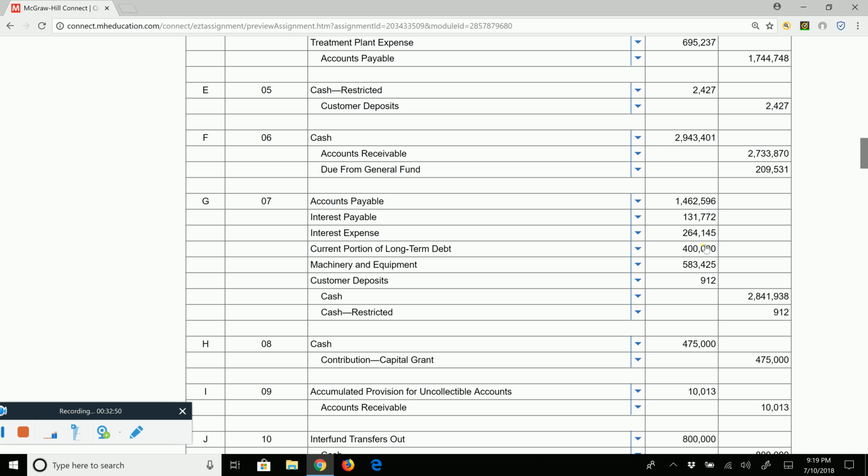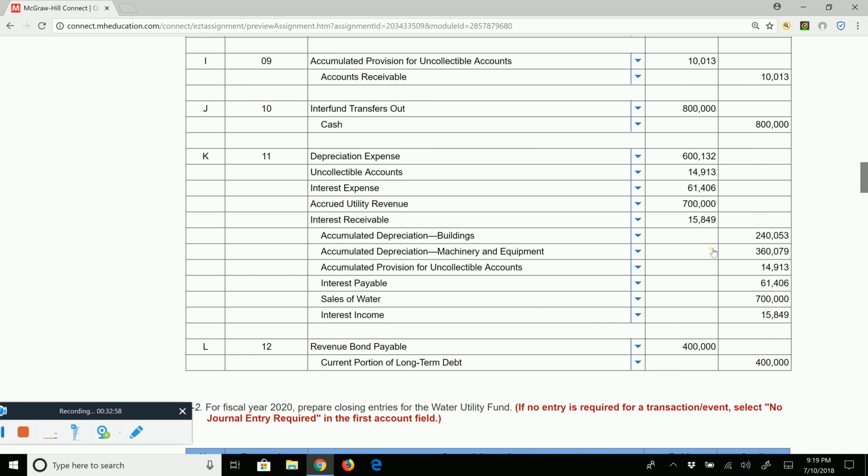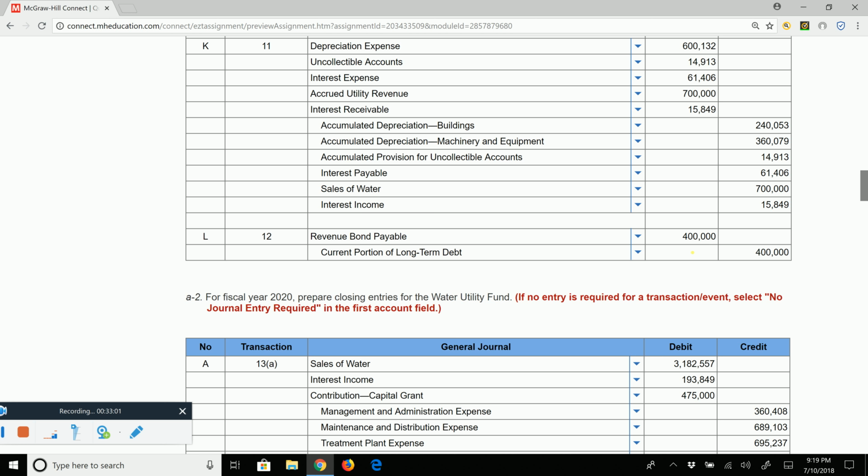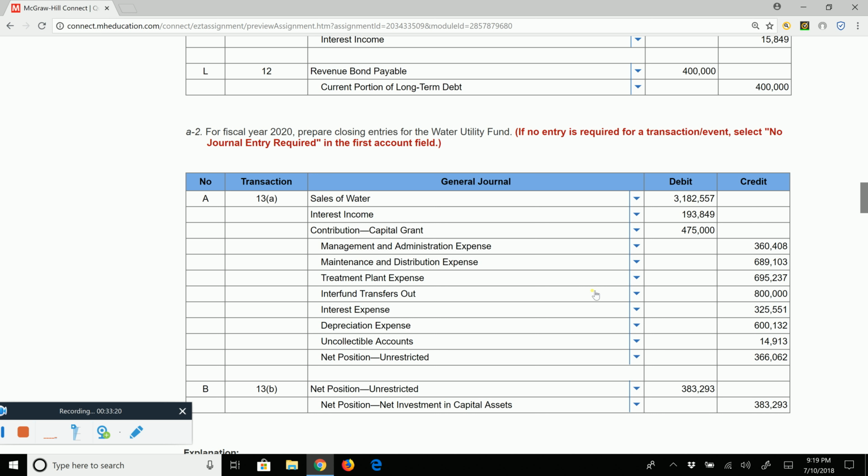We made a $400,000 payment on the debt, so we debited the current portion of the long-term debt. And so because we paid the current portion, what's happening in journal entry 12 is the next $400,000 principal payment is graduating. We're going to graduate the next $400,000 into the current, and we will debit the long-term liability.